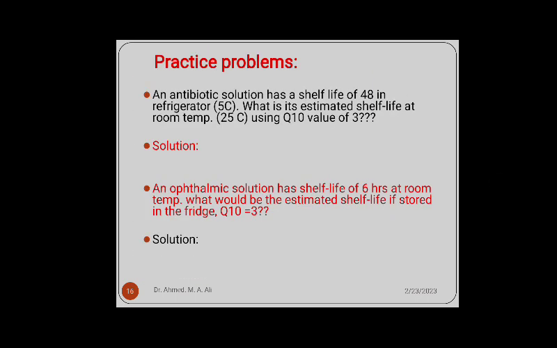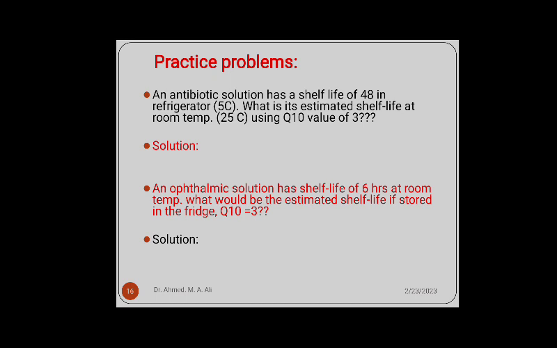An antibiotic solution has a shelf life of 48 hours in the refrigerator. Refrigerator is 5 Celsius. What is the estimated shelf life at room temperature at 25 Celsius? We can use it.